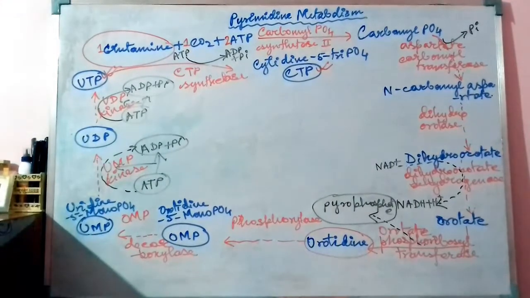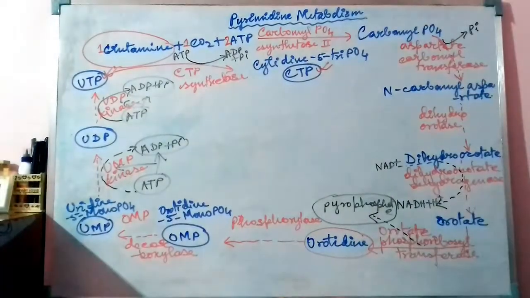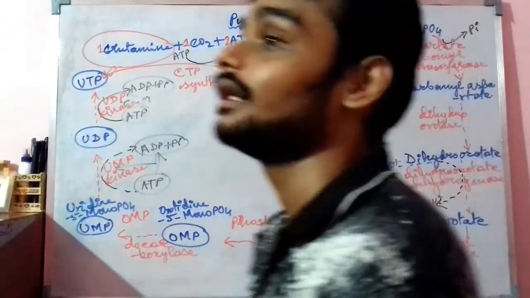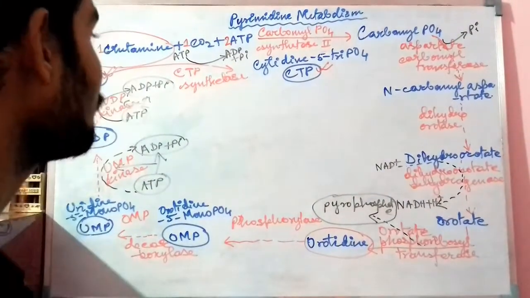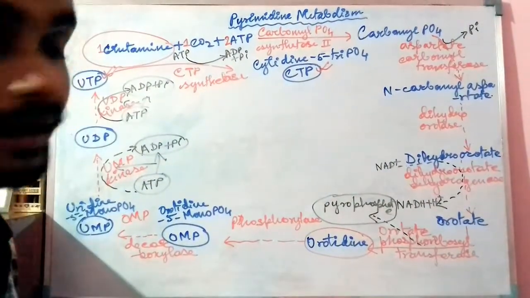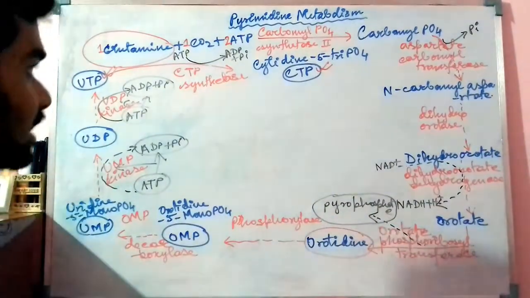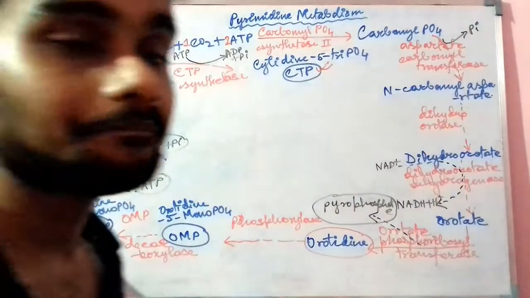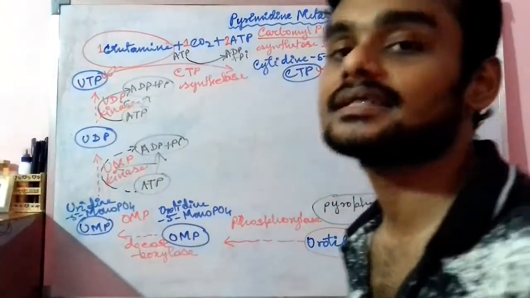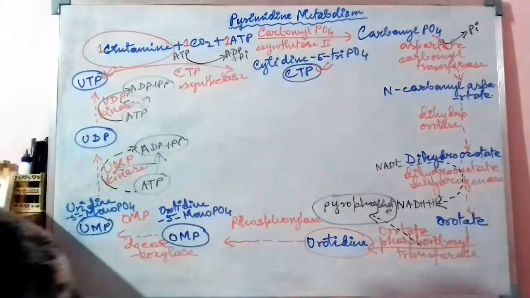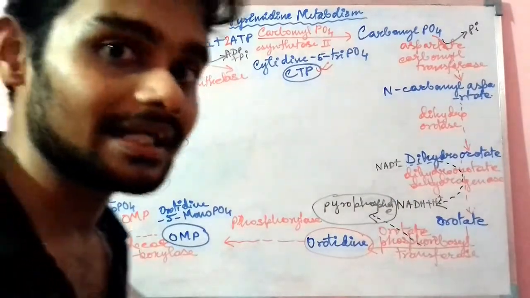Unlike the purine metabolism part, where adenine 5 monophosphate and guanine 5 monophosphate, AMP and GMP, were synthesized. So uridine triphosphate, uridine diphosphate, monophosphate, and cytidine triphosphate are the pyrimidine class of compounds which are synthesized, and this uridine triphosphate is used in the case of the RNA molecule.